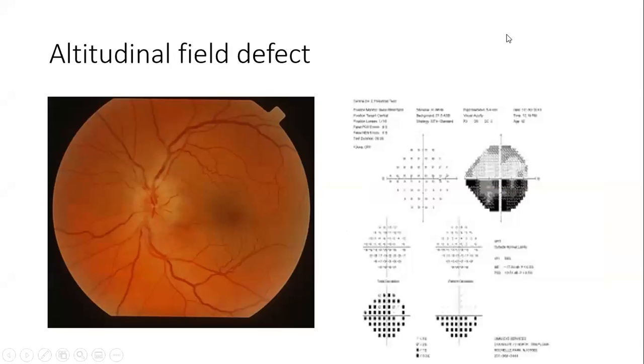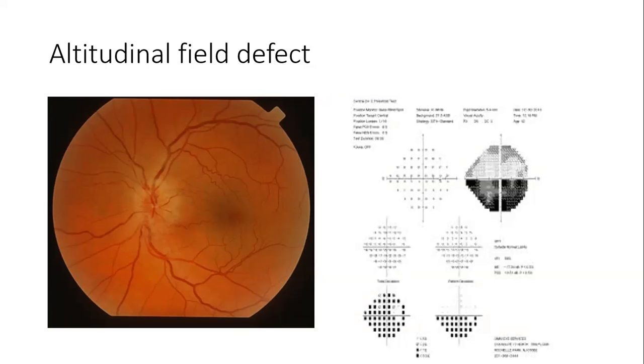Okay, you have a field effect like this also in this patient. So this is a patient with anterior ischemic optic neuropathy.